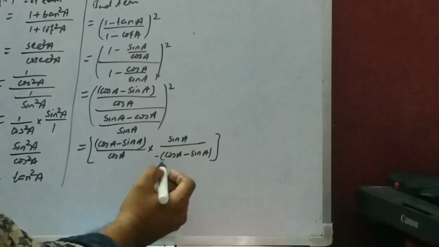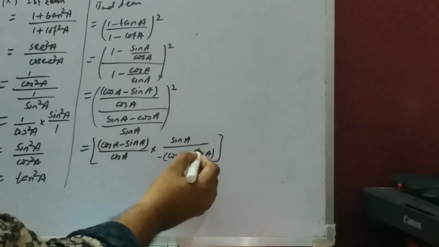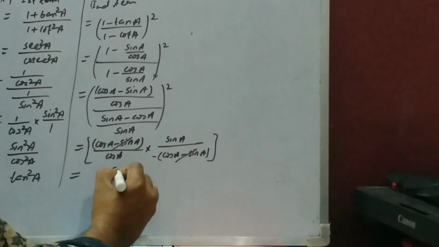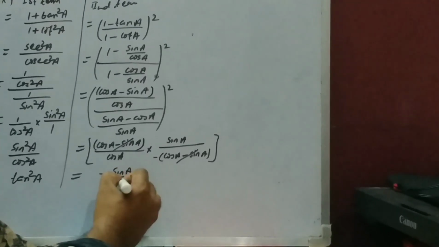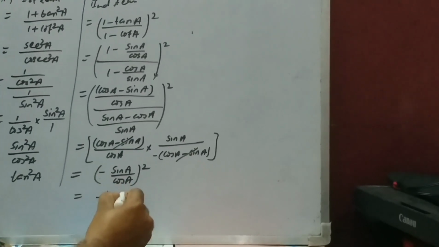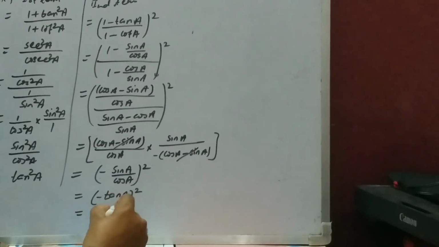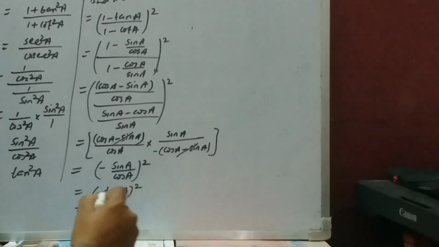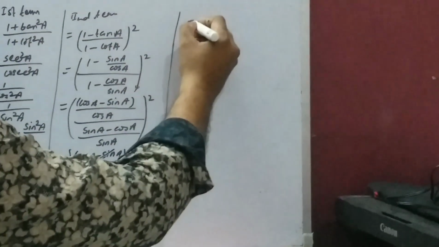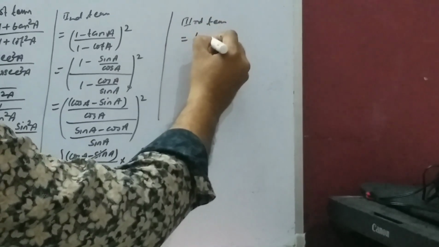It is because when you take minus common here, this and this become the same terms, and this will cross out, and so minus sin A by cos A is written here, and it becomes minus tan A. And this is the power 2, so it becomes tan square A, because this is the even power which will nullify this negative sign. And third term is only tan square A.